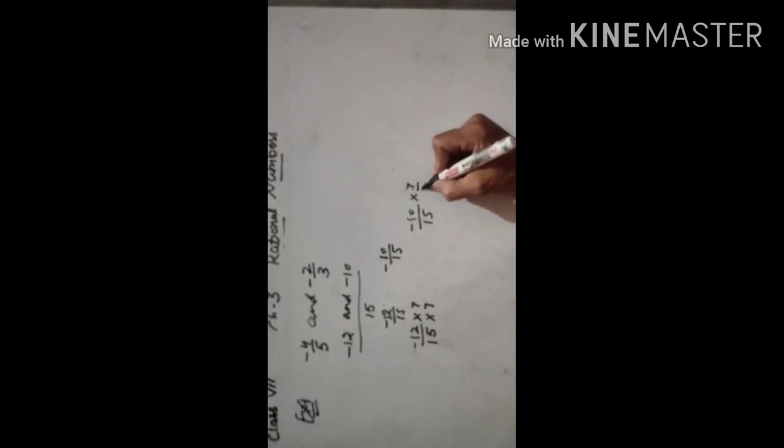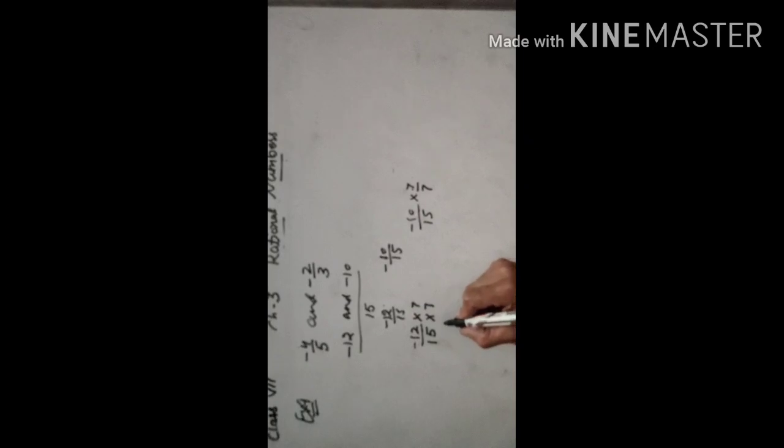So we need 6 rational numbers, so we multiply numerator and denominator by 7. That is minus 84 upon 105 and minus 70 upon 105.